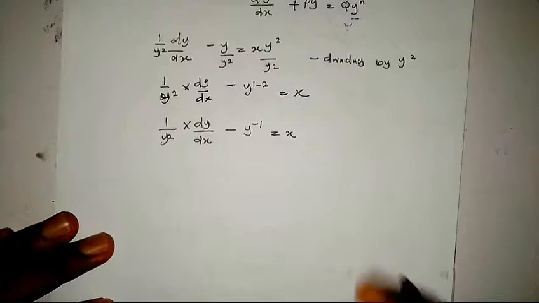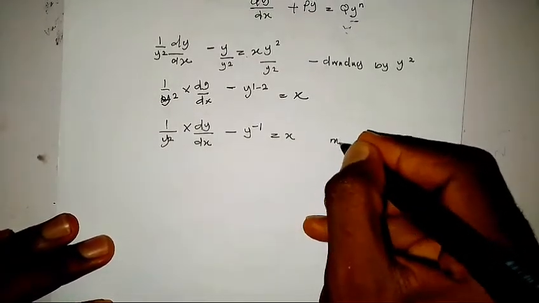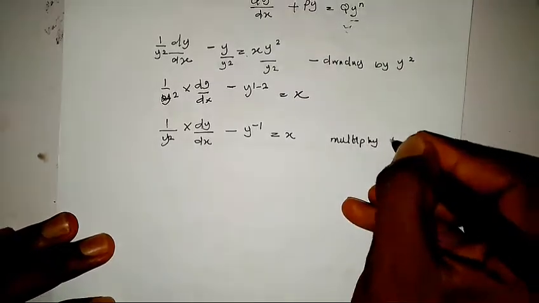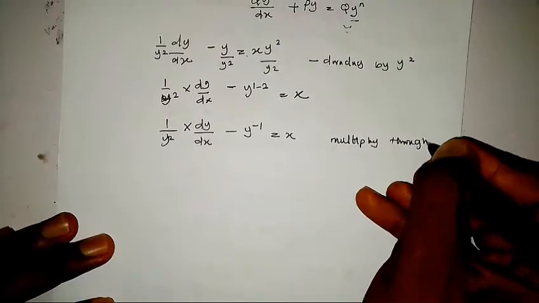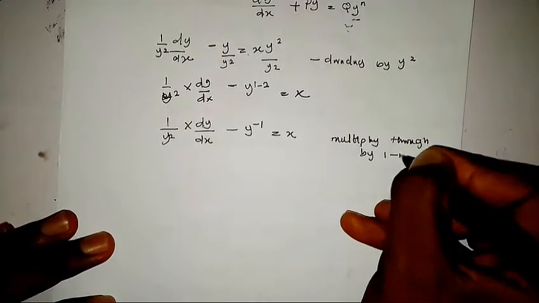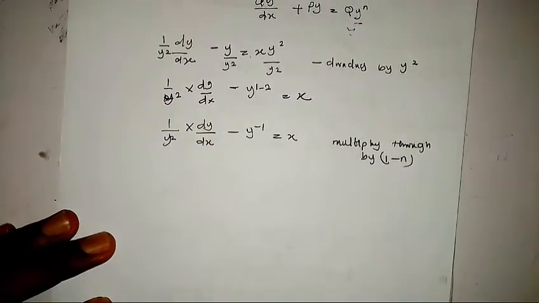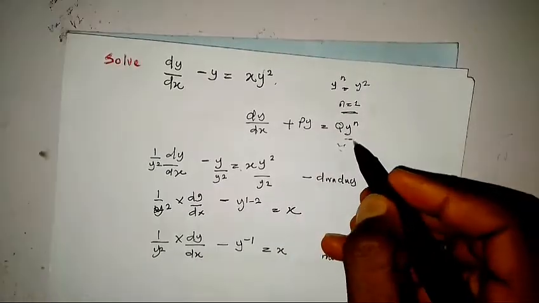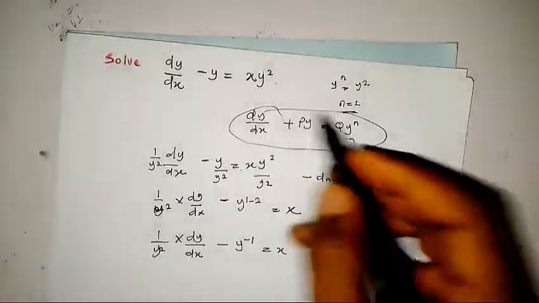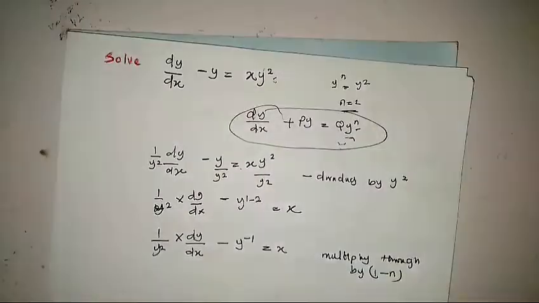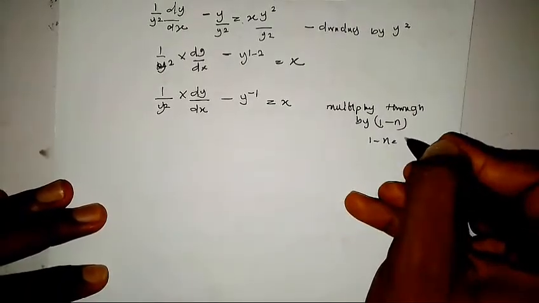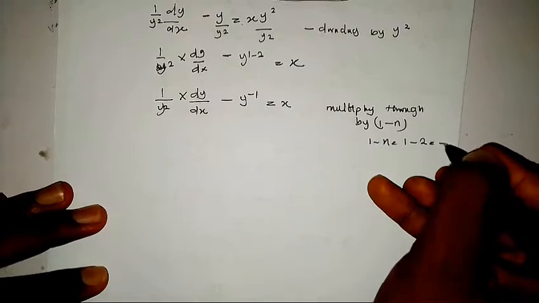So our second step is to multiply through by 1 minus n. Now we said our n is equal to 2, because comparing this with the general form of Bernoulli's equation, n here is equal to 2. So 1 minus n is simply 1 minus 2, which is minus 1.